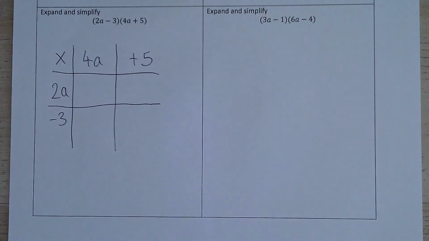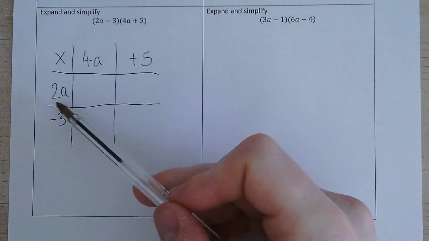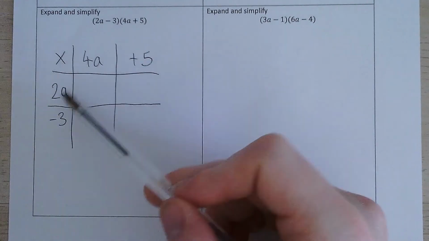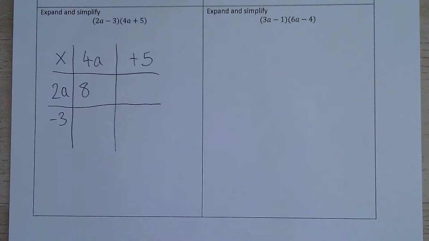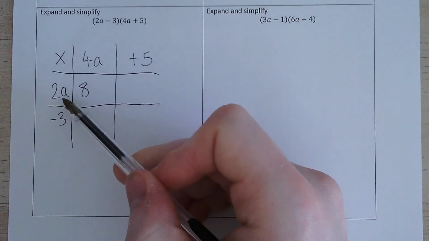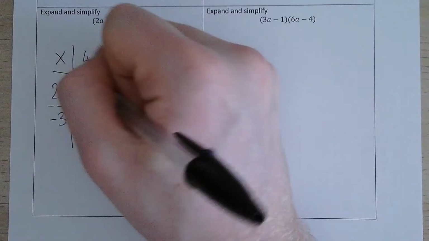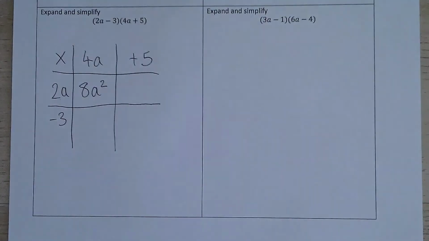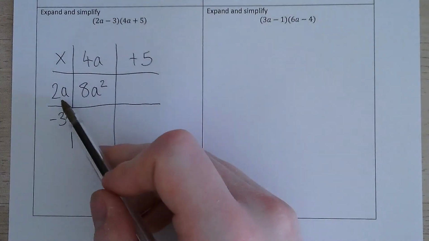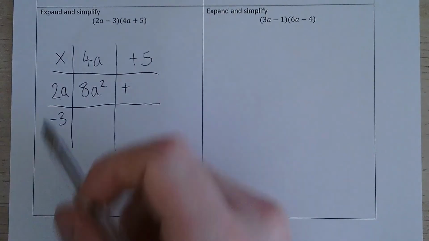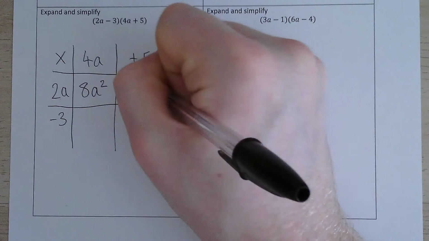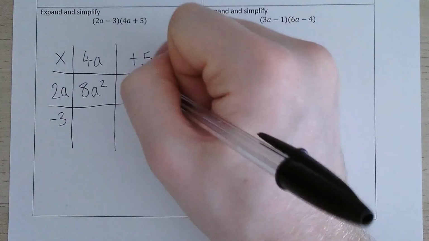And now we multiply our terms together. 2a times 4a, we'll multiply the numbers first, so 2 times 4 is 8. And now we multiply the variables. A times a is a squared. 2a times positive 5 will give us a positive value. 2 times 5 is 10, and a is the only variable.